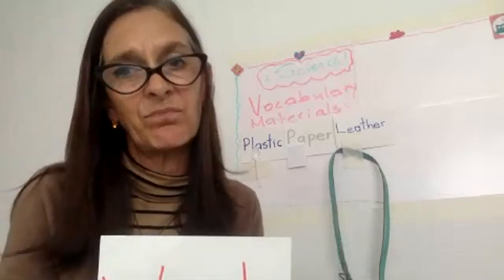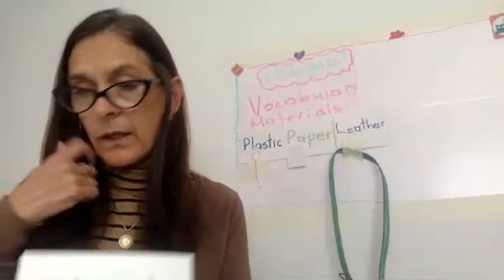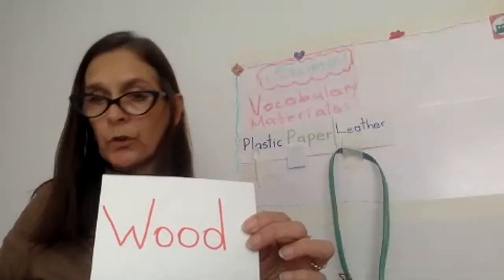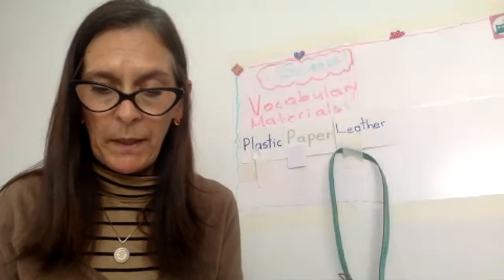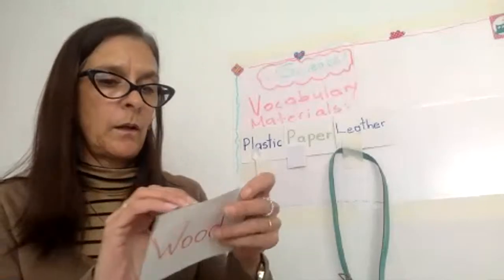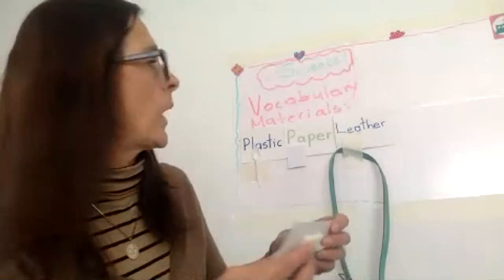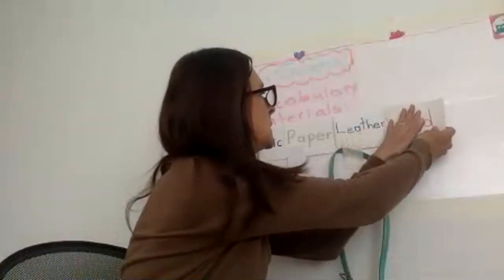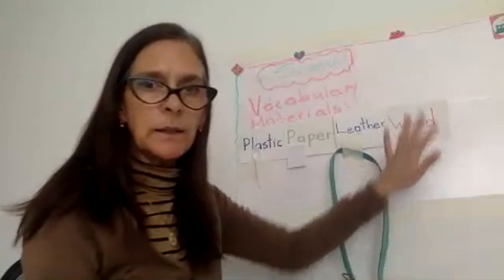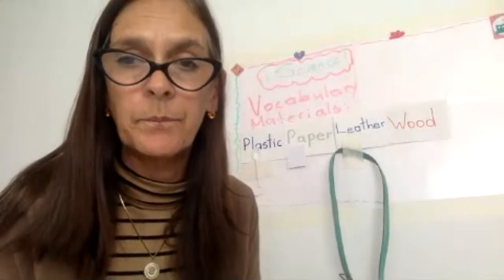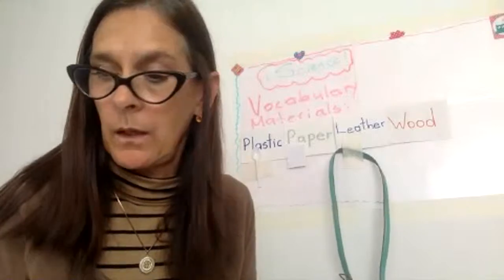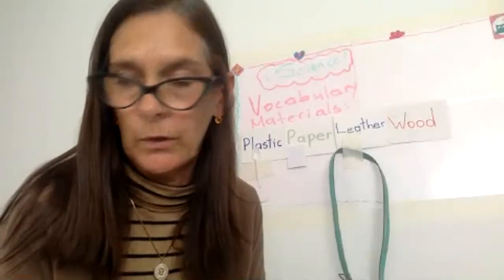I'm really sad. Okay, now we are going to put our word wood. I'm going to paste it on my homemade whiteboard. Okay, let's see. Yes, we can see the word and the wood. Trees, beds, tables, they are made of wood.